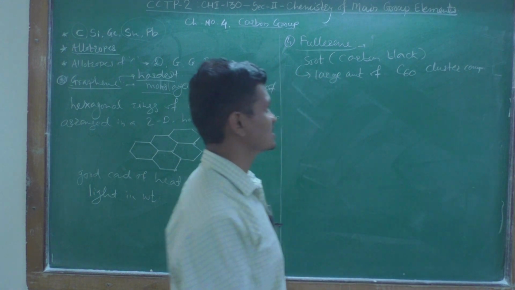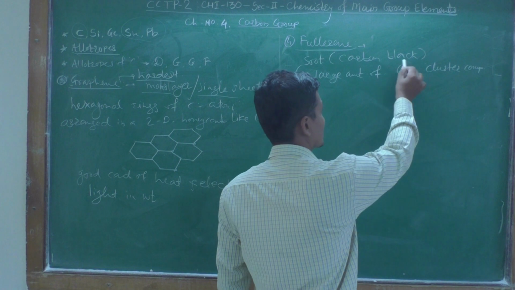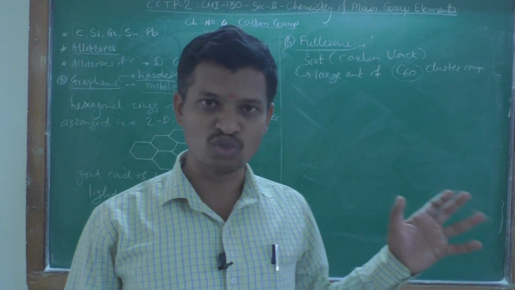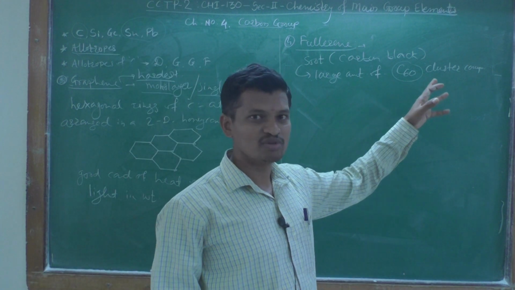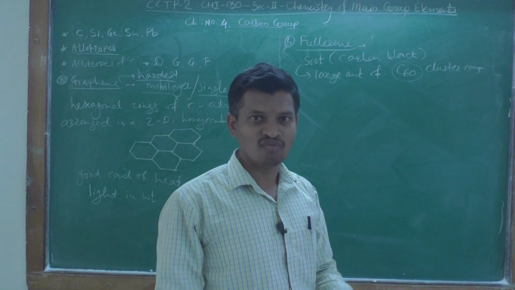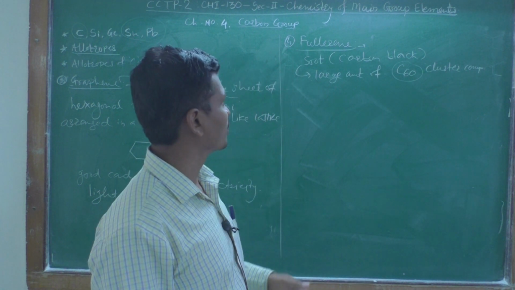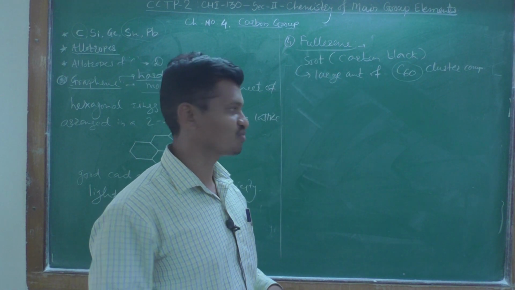C60 means carbon 60. Such compounds are observed in this soot, and these cluster compounds have a cluster of 60 carbon atoms together. Okay, and they are known as fullerenes or Buckminster fullerene.